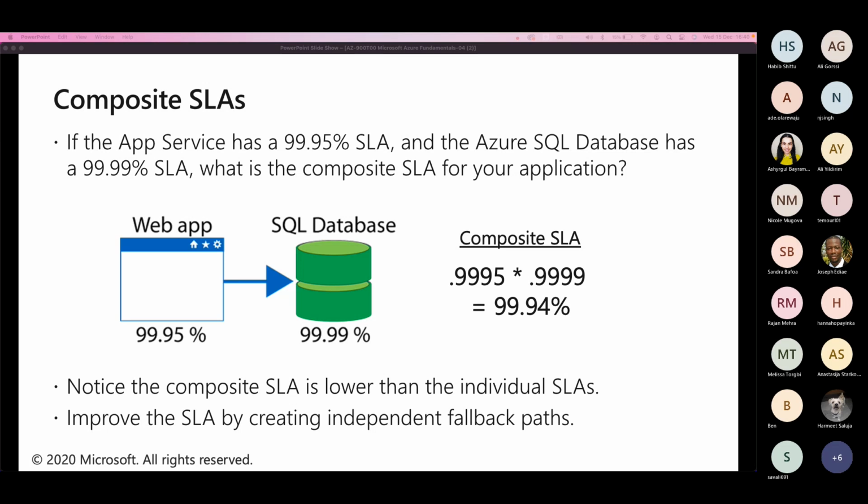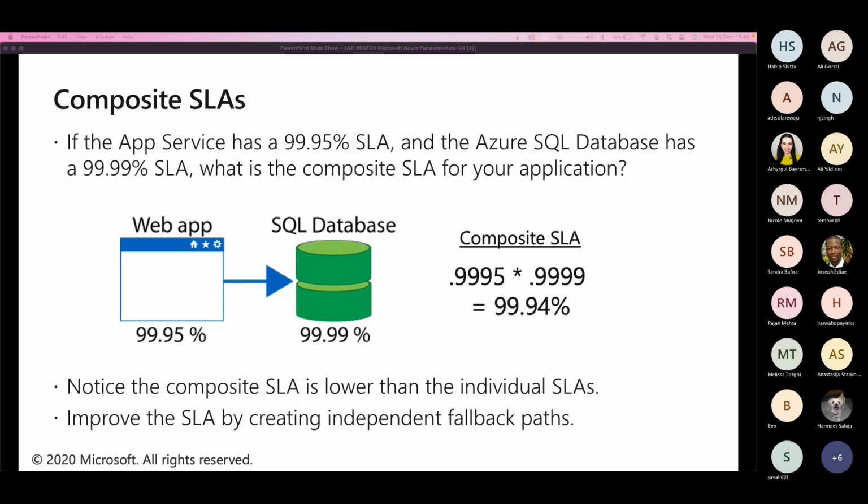It might be that they are down at the same time, but it might be that they are down at different times as well. So the web app may break one day for 8 hours, or for 4 hours, but the SQL database might break separately on different days.